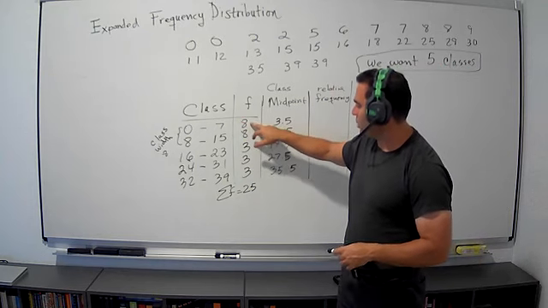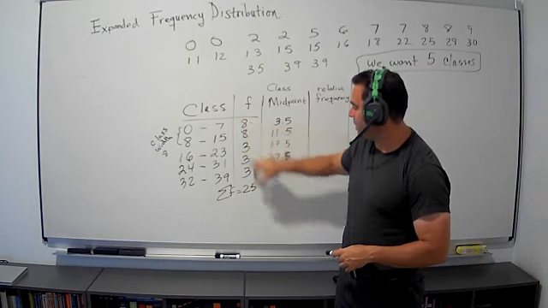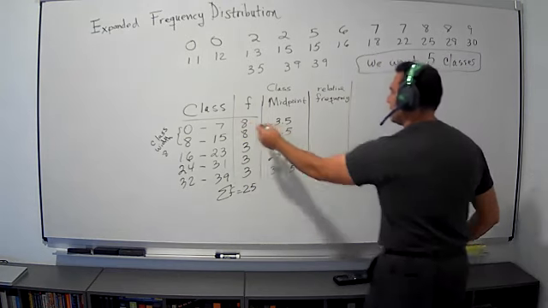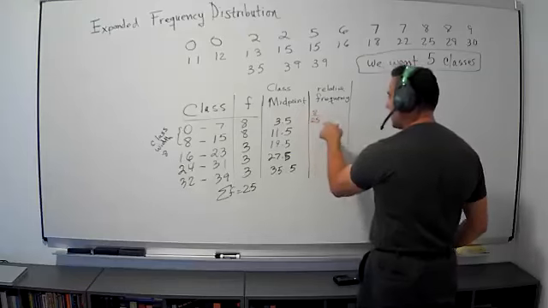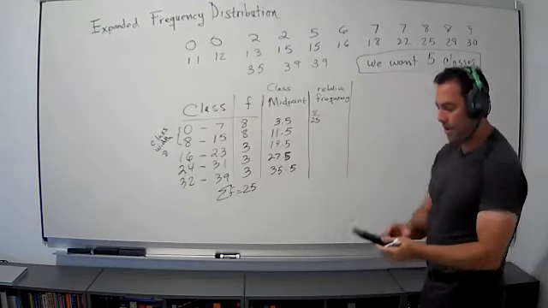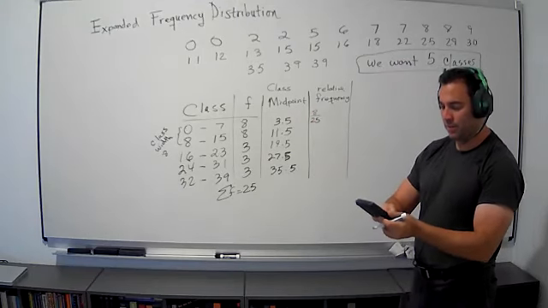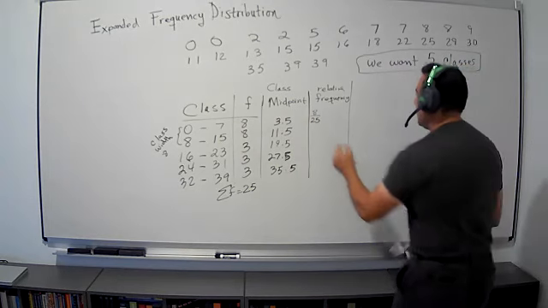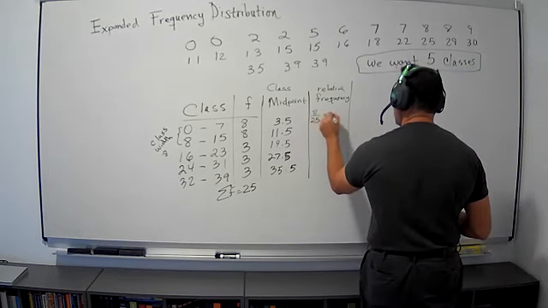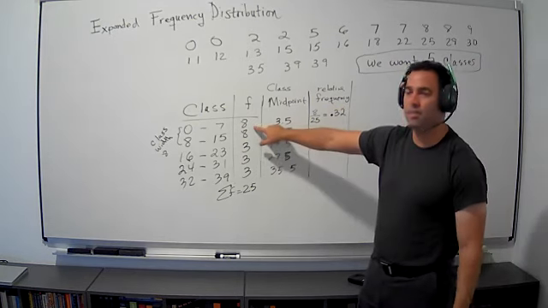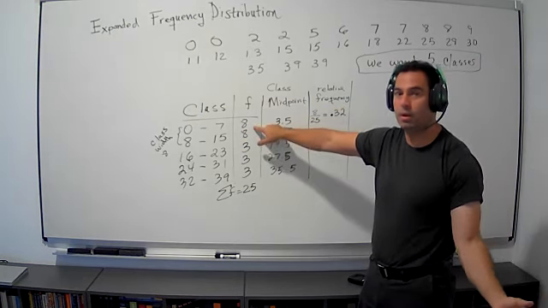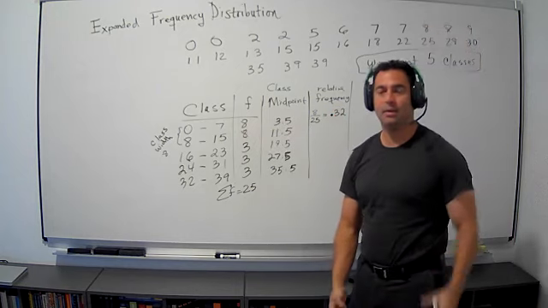Well, it's a proportion where we take frequency and divide it by the total. So you take 8 and divide it by 25. I know I wrote that kind of small, but I don't have much space. 8 divided by 25 gives me 0.32. So this class here takes up about a third of all the data.